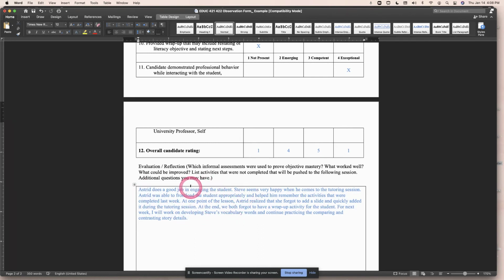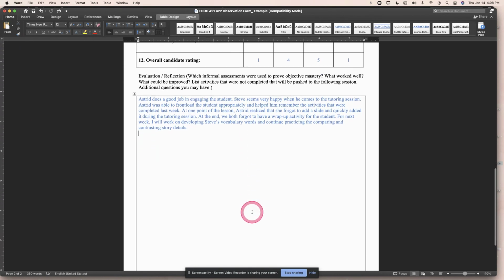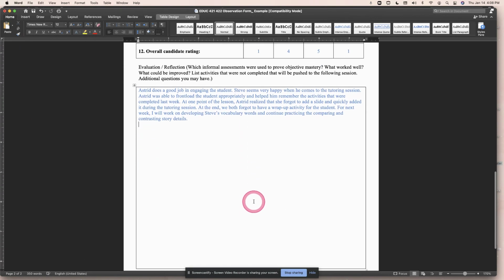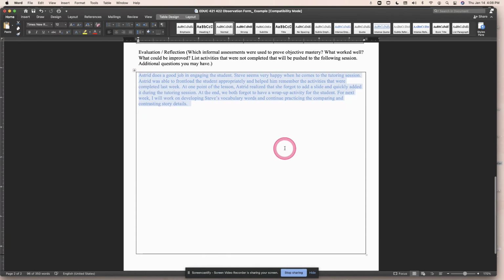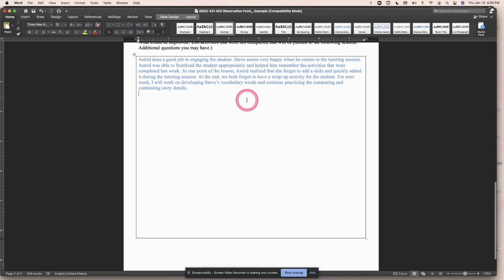You can say, the student was engaged. He seemed very happy to be here. But then you can say, at one point, Astrid forgot that she didn't add that slide and she had to quickly add it. So be very candid and honest and detailed as much as possible, because being reflective helps when you're writing a lesson plan or you're revisiting a lesson and thinking what could have gone well, what could I have improved on.